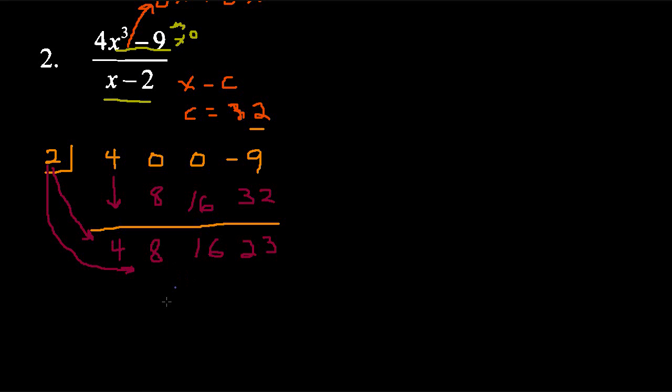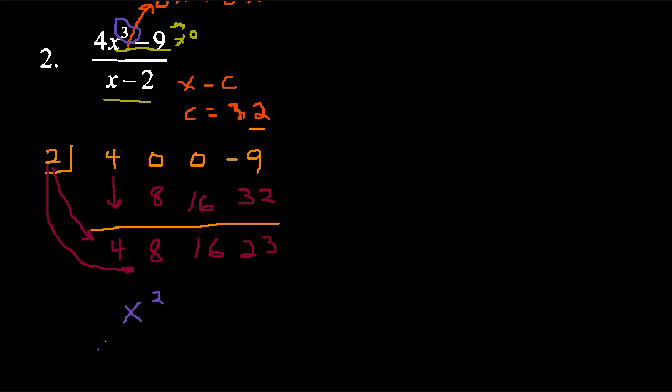And our solution will be a polynomial. It will be of degree 1 less than the degree of the dividend, and the dividend had what degree? The dividend had degree 3. So our polynomial will begin with degree 1 less than 3, which is 2.